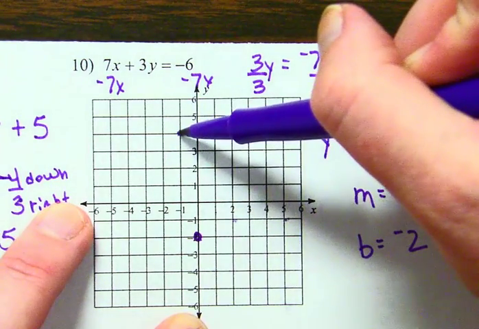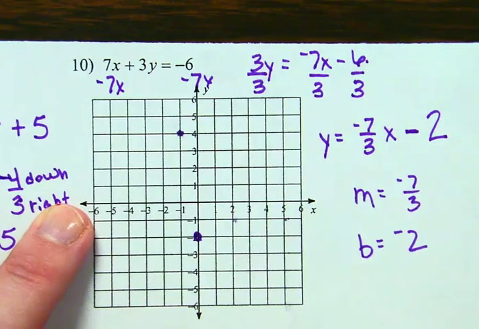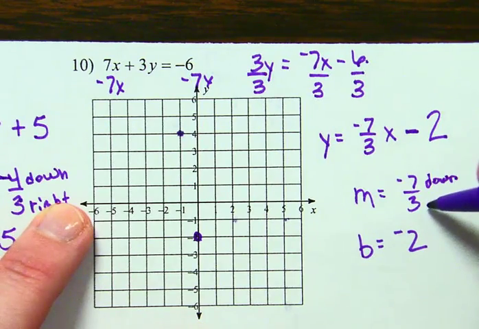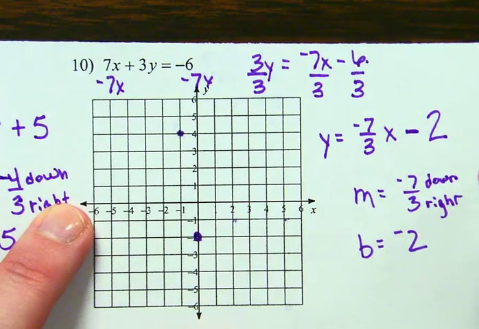This point has bled through from the other side, so I apologize for that. I use my slope. Now this says go down 7 and go right 3. I don't have the space for that. So I'm going to move my negative. If I go up 7, negative 3 will go left.